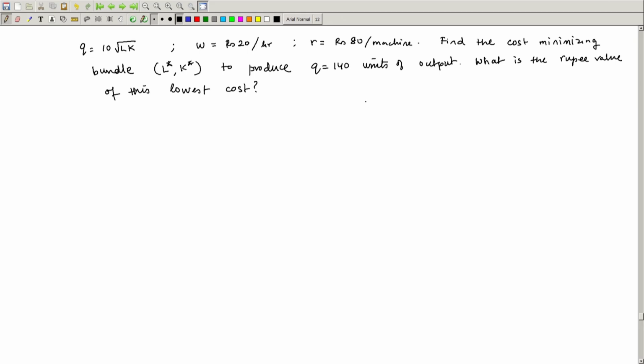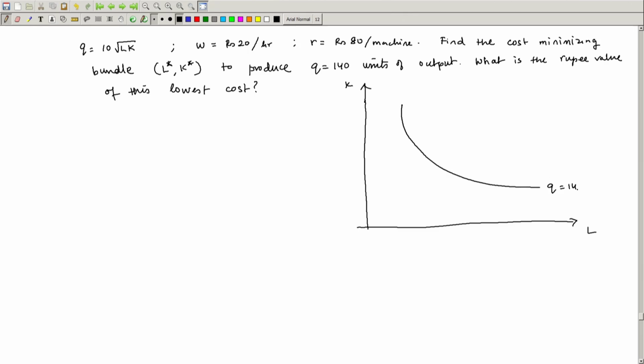Now, if you recall the picture, there are a couple of things that the optimal bundle must satisfy. If I have labor and capital here, and this is my isoquant Q equals 140, this is the output that I want to produce. Any combination of labor and capital must be points on this isoquant. So, the optimal bundle must satisfy the following two conditions.